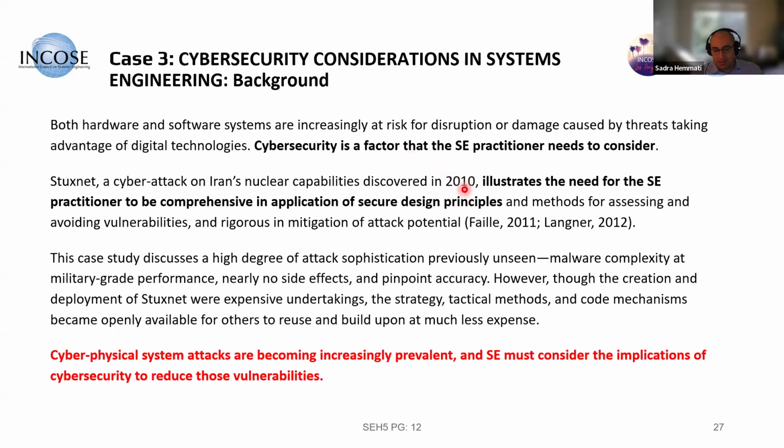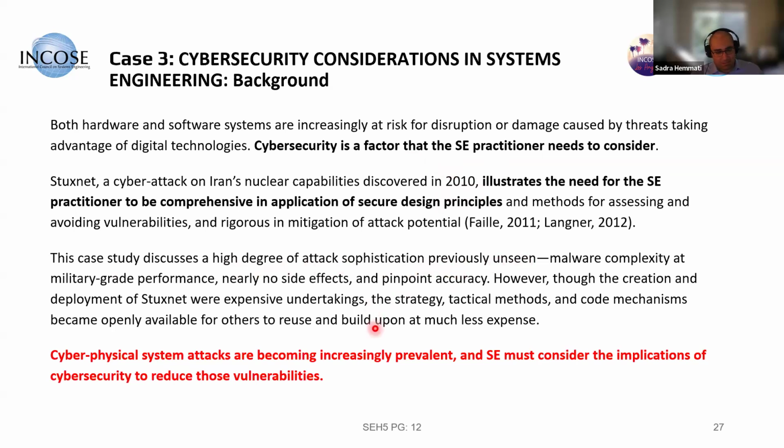So this case happened in 2010, and at the time it was something that nobody had seen before, and the degree of attack sophistication was previously unseen.